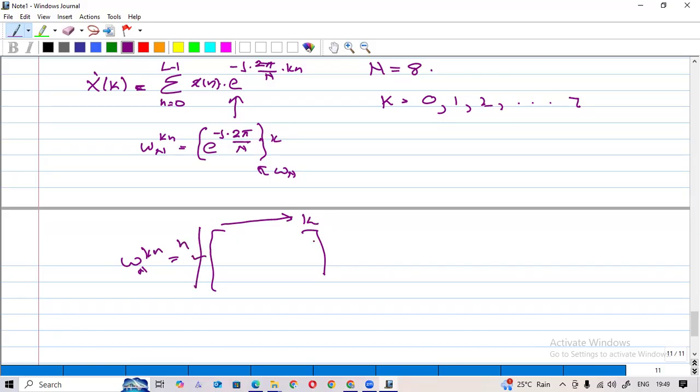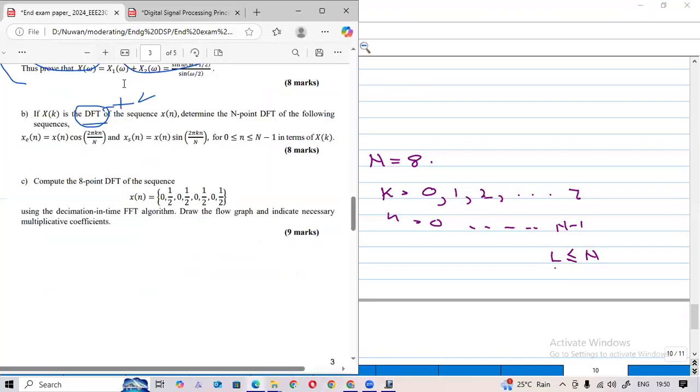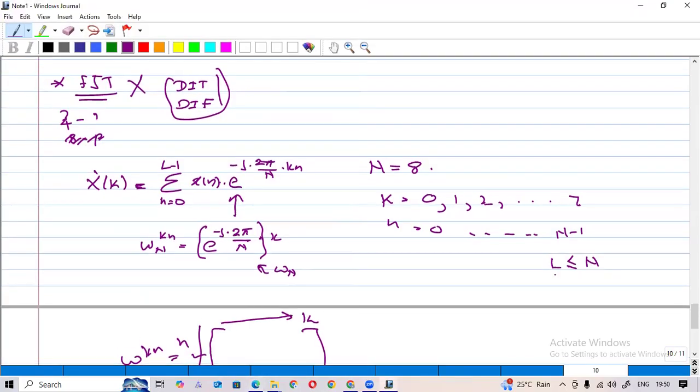N also will be from 0 to N minus 1, because sometimes L may not be N. L is the length of the sequence, the given sequence. For example, if you consider this one, it is 1, 2, 3, 4, 5, 6, 7, 8.